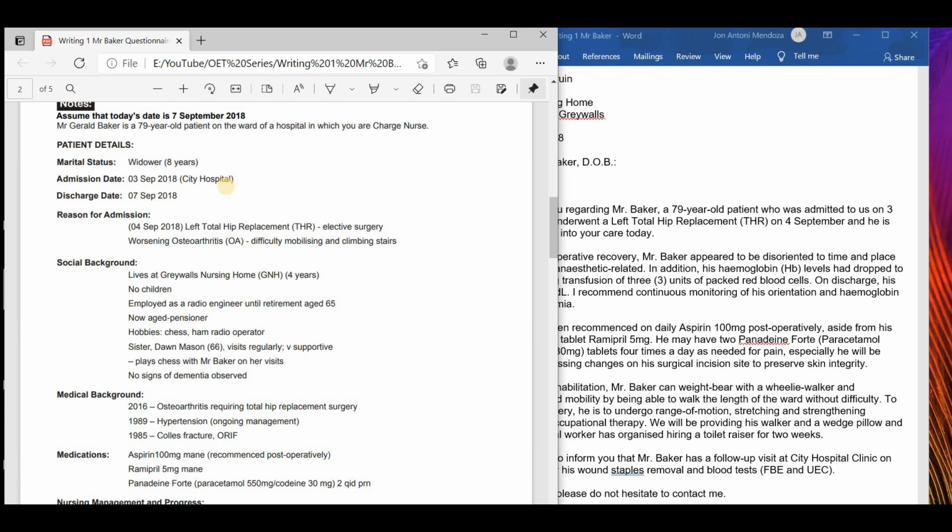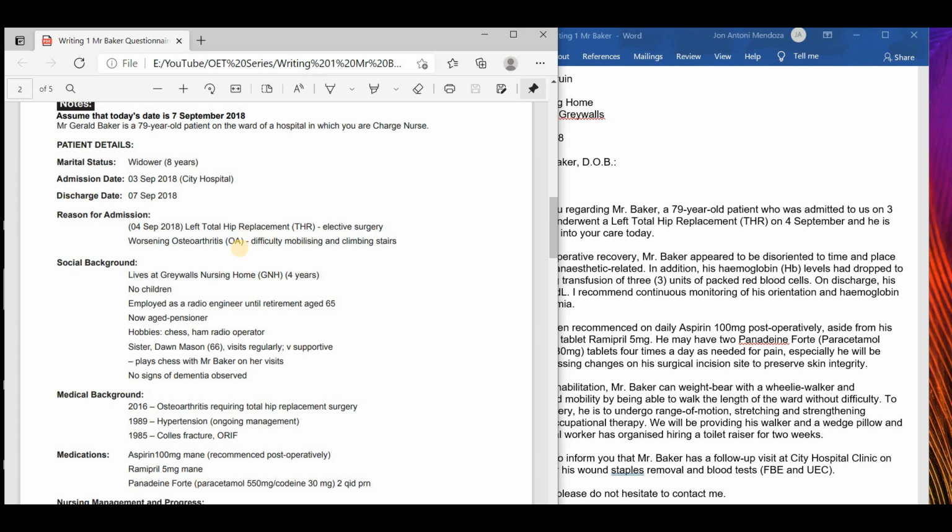So we know that he's been a widower for 8 years and he was admitted on the 3rd of September in City Hospital, and he's being discharged today, 7th of September 2018. Take note that he was admitted on the 4th of September because he needed a left total hip replacement as elective surgery. He's also got worsening osteoarthritis and difficulty mobilizing and climbing stairs.